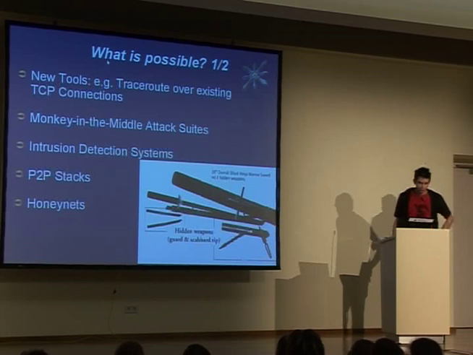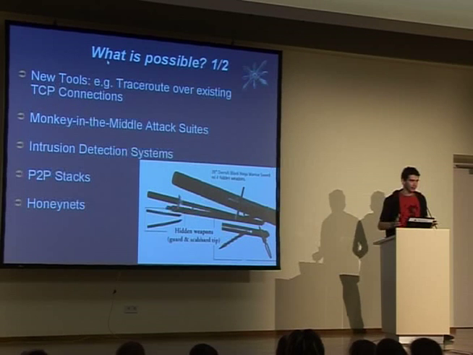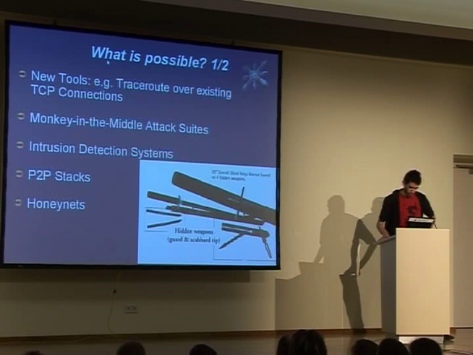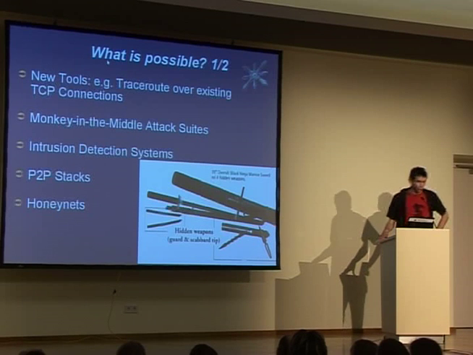Okay, so what is possible if we have a complete stack, and for now assume the design is flexible enough that we can customize everything, that we can change everything, that we can build things that before haven't been thought about. So, for example, new tools, things we haven't toyed with before, traceroute over existing TCP connections.